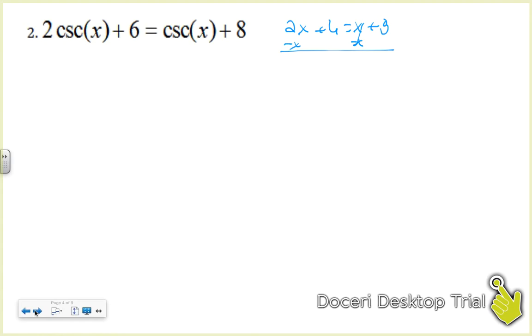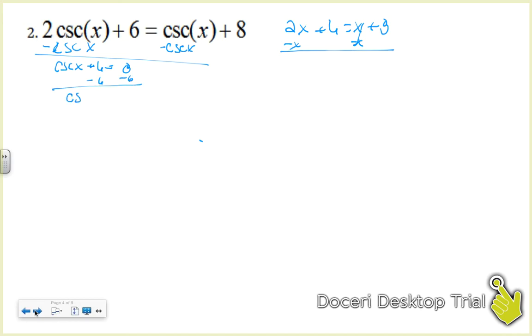That cosecant is something we don't know. So if I subtract cosecant from both sides, I get cosecant x plus 6 is equal to 8. Then I'm going to subtract 6 from both sides.